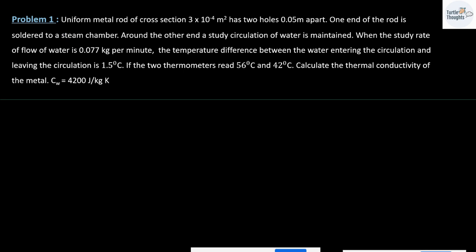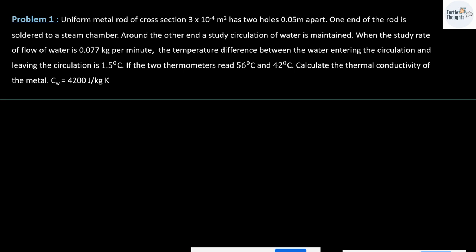Around the other end, a steady circulation of water is maintained. When the steady rate of flow of water is 0.77 kg per minute, the temperature difference between the water entering the circulation and leaving the circulation is 1.5 degrees Celsius. If two thermometers read 56 degrees Celsius and 42 degrees Celsius, calculate the thermal conductivity of the metal.